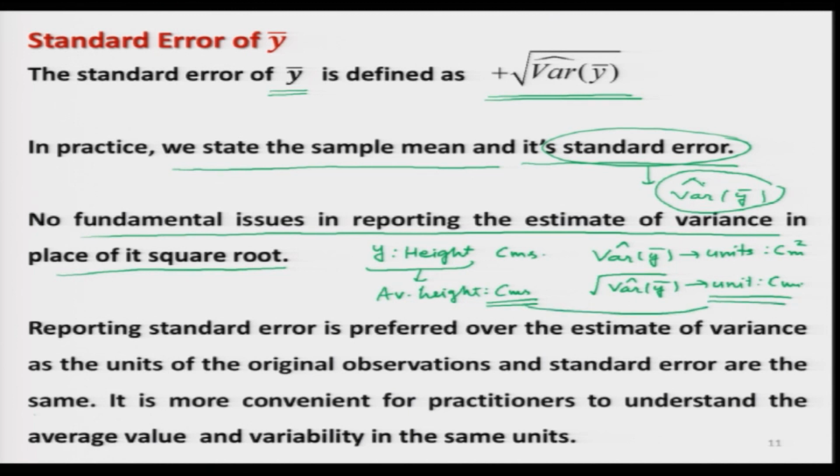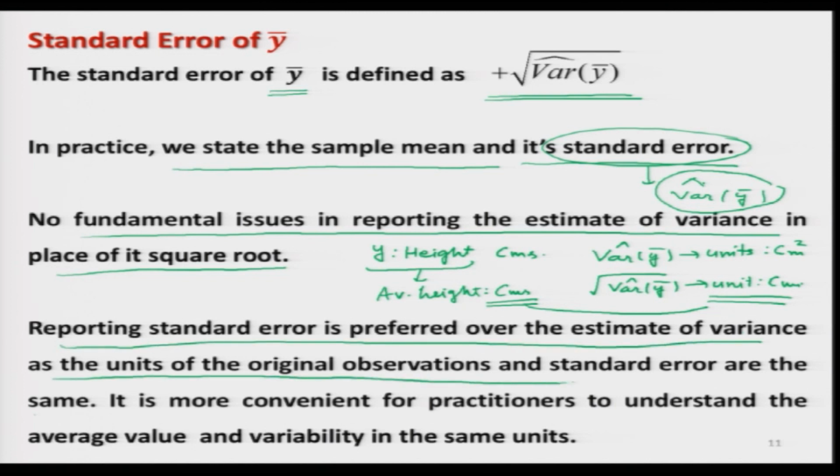So that is why this reporting of standard error is preferred over the estimate of variance, as the units of the original observations and the standard error are the same, right? And actually the only advantage is that the practitioners feel more convenient if they have to report the variability and mean in the same unit, right?